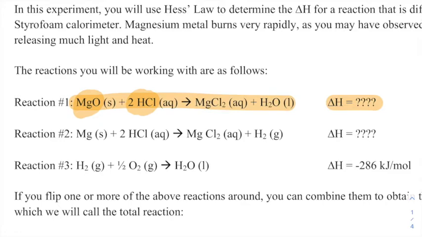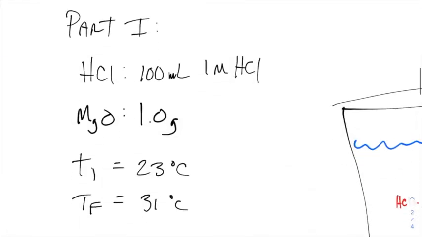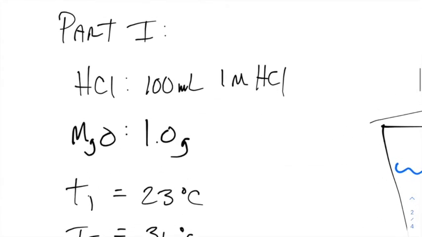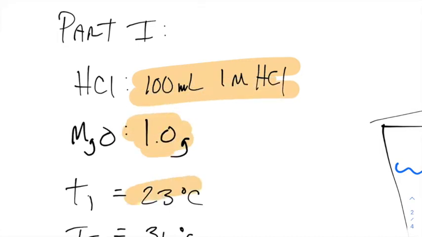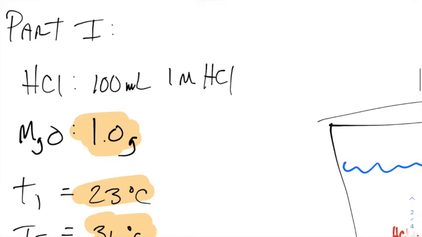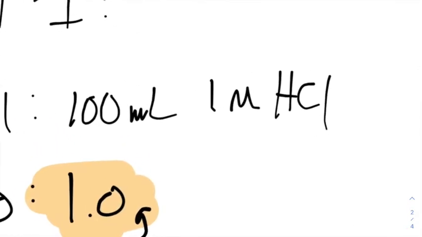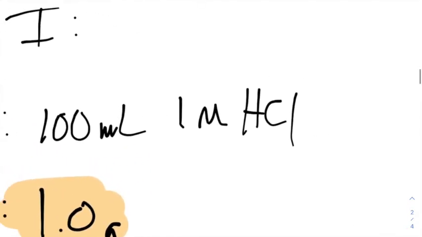So what are those errors and how are the calculations going to work? Well, let's take a look at everything. First of all, let's take a look at our data. In part 1, we did 100 milliliters of 1 molar hydrochloric acid, 1 gram of the magnesium oxide, and it went from 23 to 31. So what are the assumptions and what is the problem here? Well, first of all, we've got 100 milliliters of 1 molar hydrochloric acid.